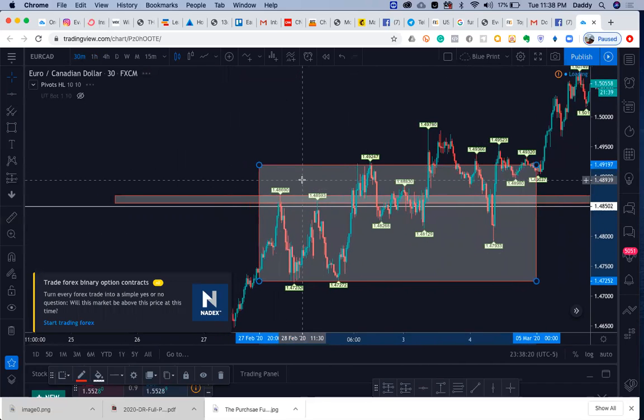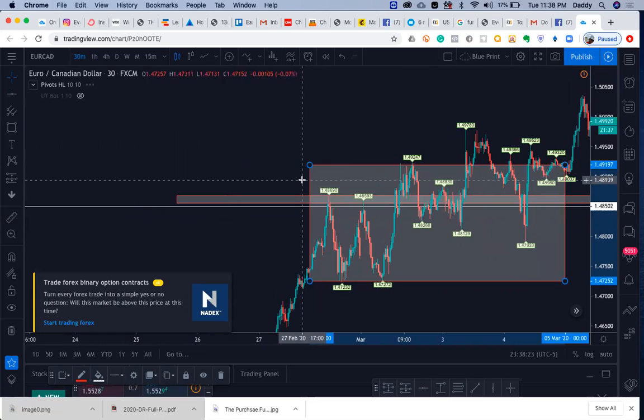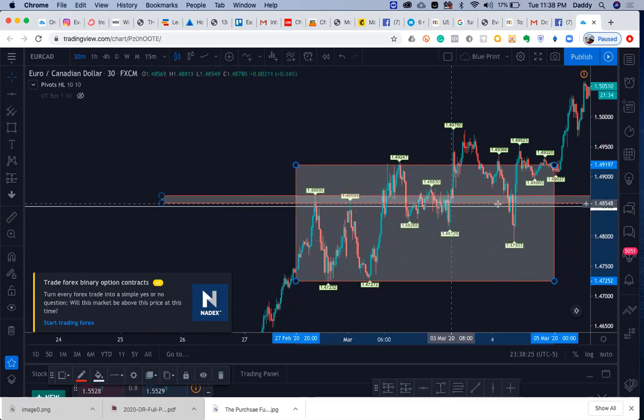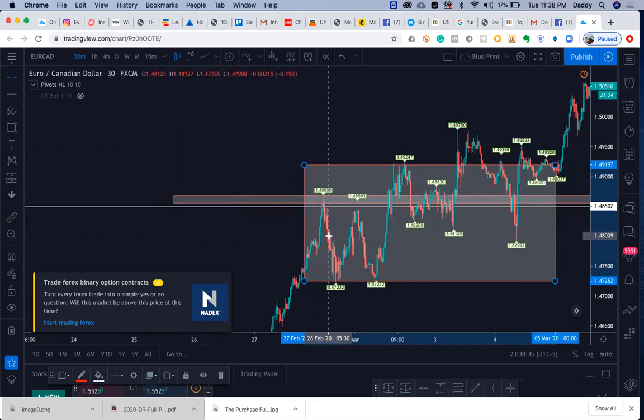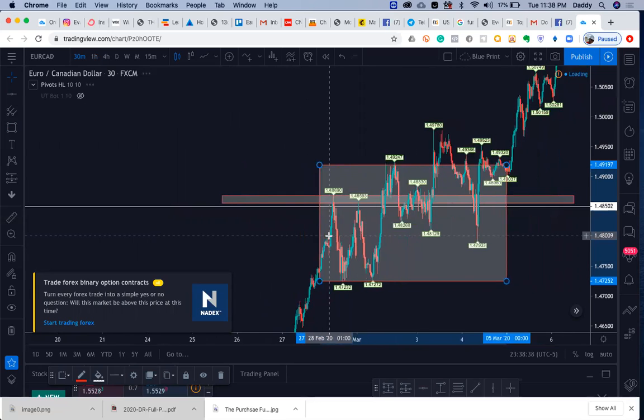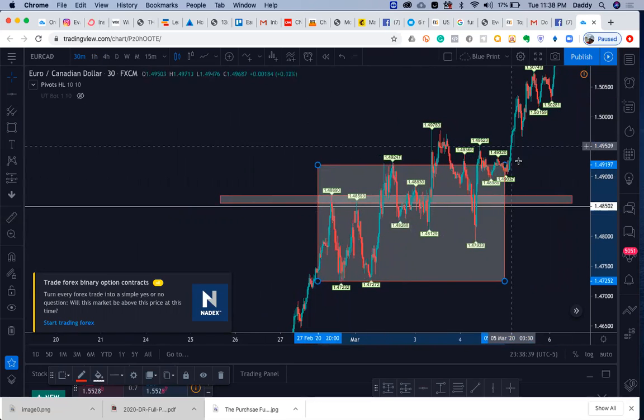Now, here's a question. Do you want to trade in this area here? No, I prefer not to. Why? I know that the overall trend is a buy, so I'm hoping to get in the buys before the retracement.